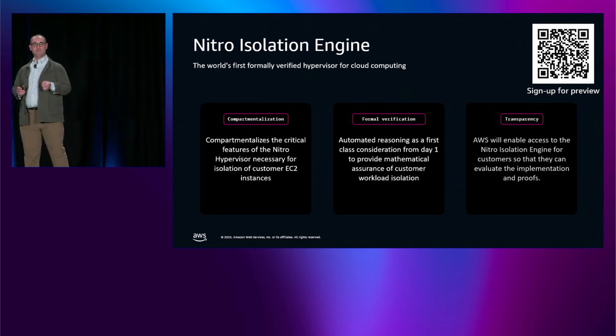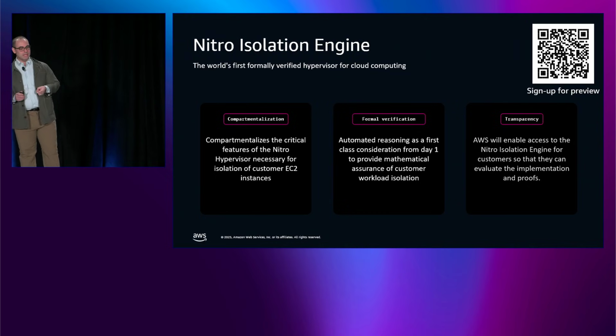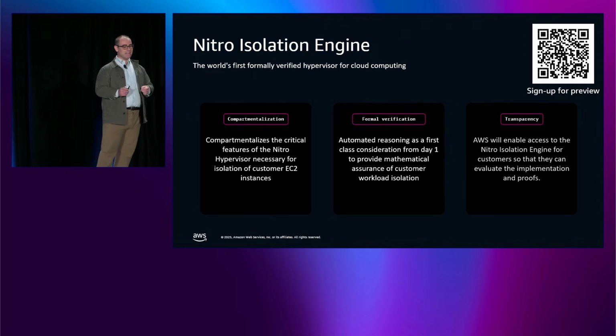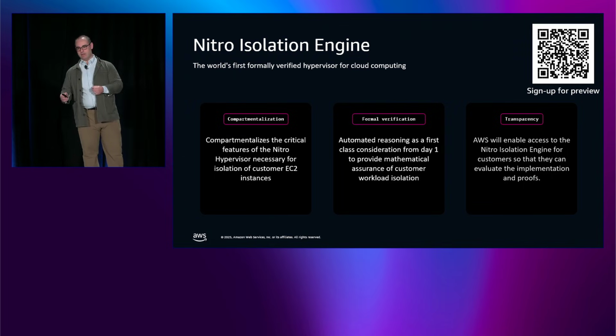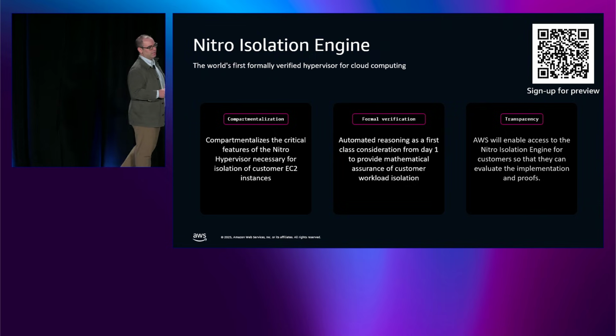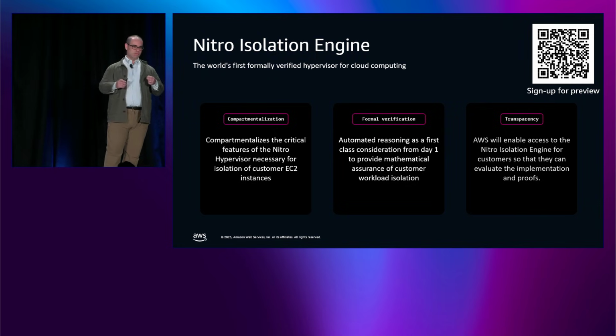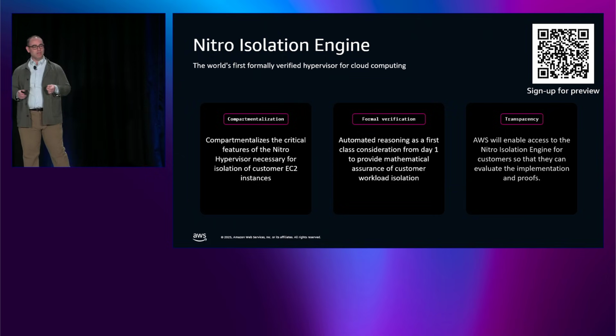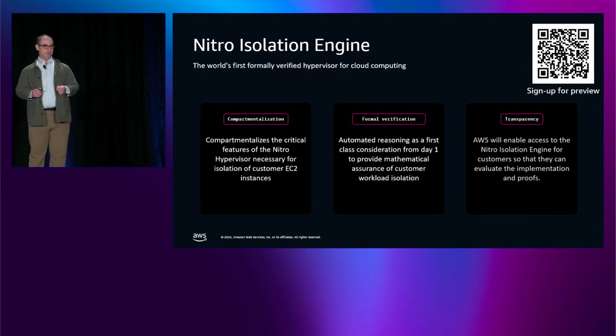And lastly is transparency. AWS will enable access to the Nitro Isolation Engine for customers so that they can evaluate the implementation and the associated formal verification proofs themselves. This means that the confidential computing protection of the AWS Nitro system has been repositioned, redeveloped to offer the highest level of assurance, making it the world's first formally verified hypervisor for cloud computing.